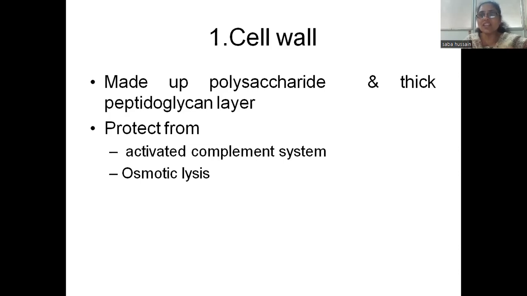Here I'm just naming the things: the complement system gets activated and protects a human or an organism from the attack of a pathogen.